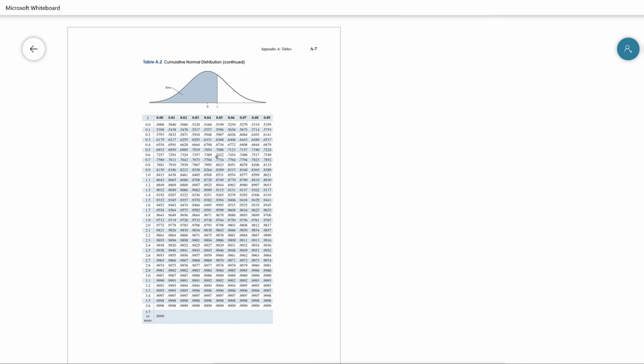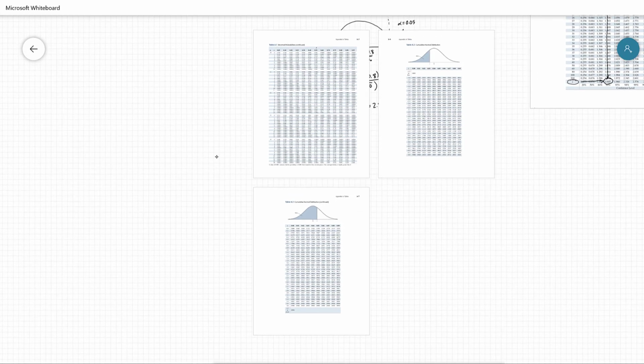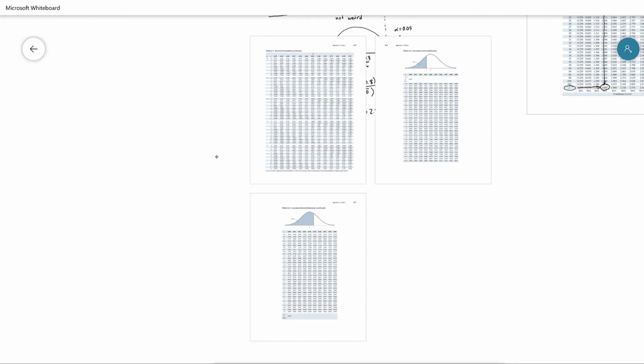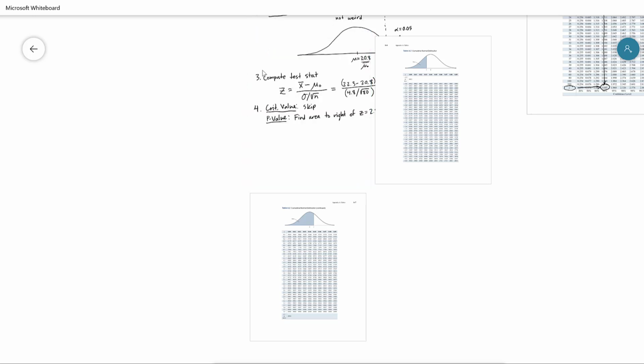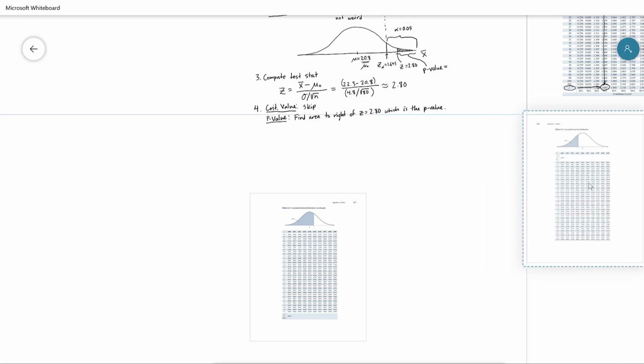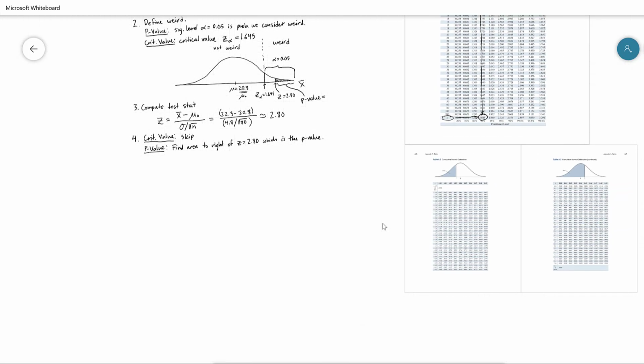Okay. So let me reorganize things, just get these in a place where they aren't covering up everything. So this one I don't want, that one should be gone. Just delete that one. And let me pull these guys over to the side over here. We'll look at them in just a minute. Okay.